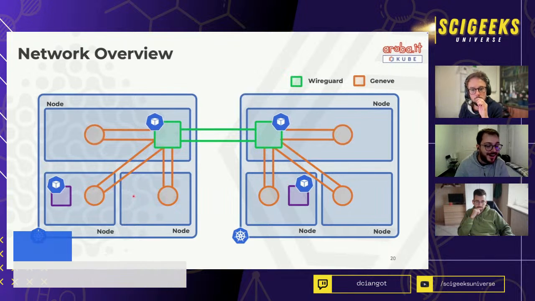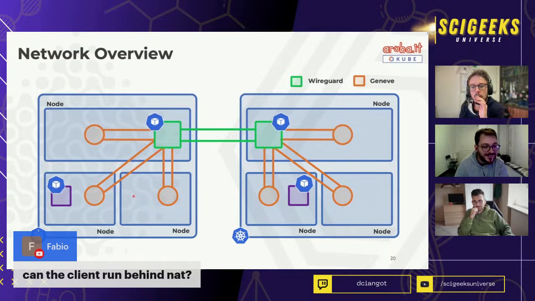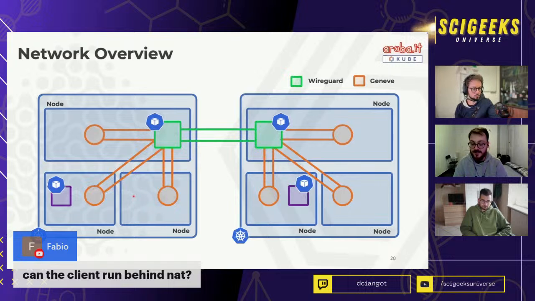I see there is a question about NAT. Yeah, of course, you can. There is a configuration inside the gateway server, and you can specify that when you exchange the resources, the client has to use an external IP, which is the endpoint of your NAT. The question is about the client behind NAT.